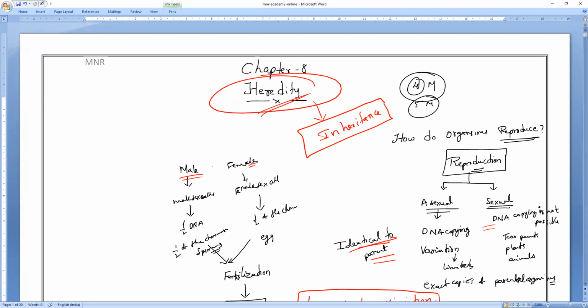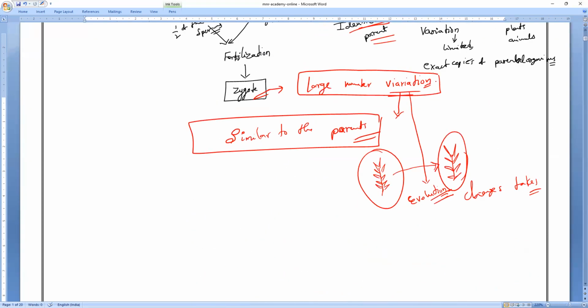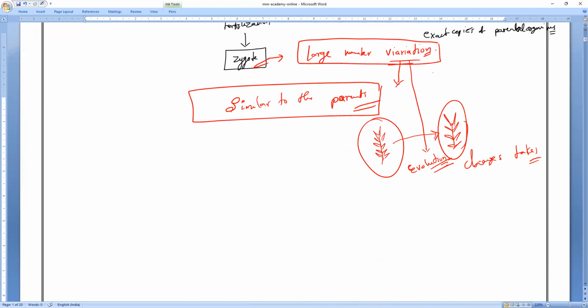The transmission of parental characteristics to the successive generation, the young ones, is called heredity, or we can say inheritance. So heredity means the transmission or transferring of characters or traits from one generation to the next.